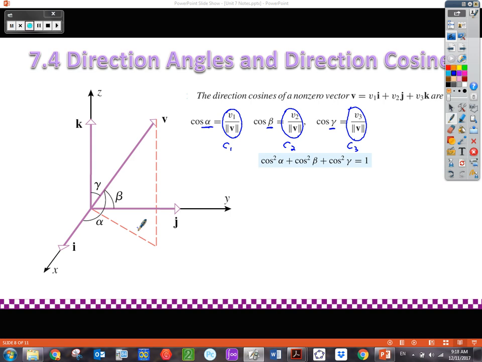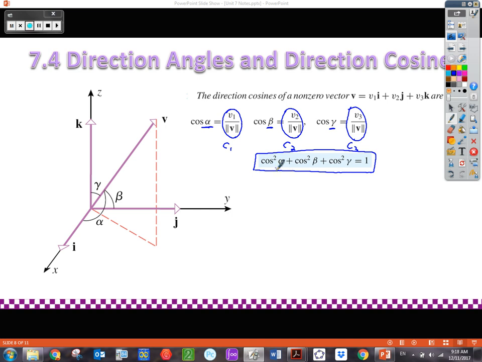There's a special property associated with these, which is right here. If you do cosine squared of alpha plus cosine squared of beta plus cosine squared of gamma, you get 1. That's pretty cool. It's a relationship that will allow us to find a missing angle if we have two.